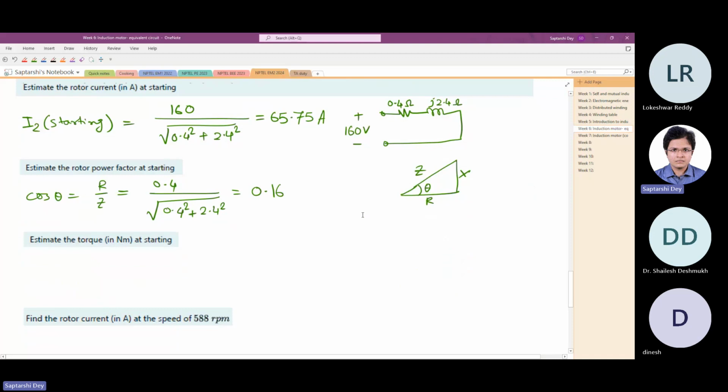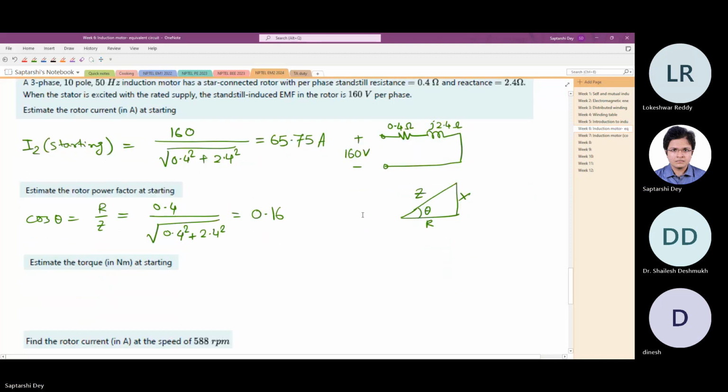Next is torque at starting. So you have to find out mechanical power. Mechanical power is (1 minus S) times PG. Just a minute.